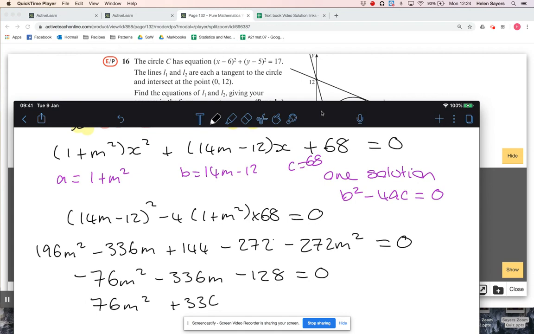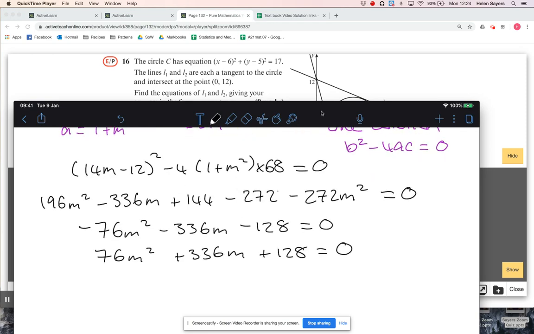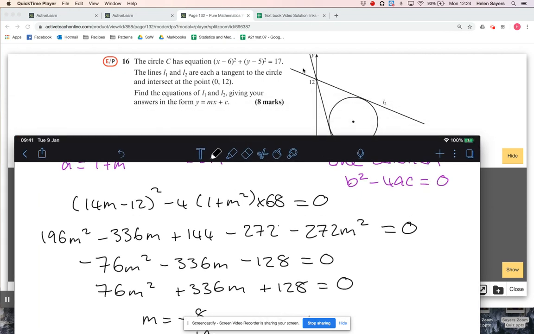I'm going to multiply through by minus 1 just to have fewer negatives, and then go straight to the quadratic solve mode in my calculator. So a is 76, b is 336, c is 128, and I am getting m is either minus 8 over 19 or minus 4.